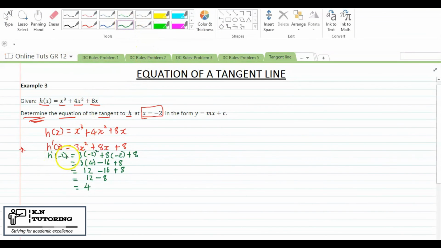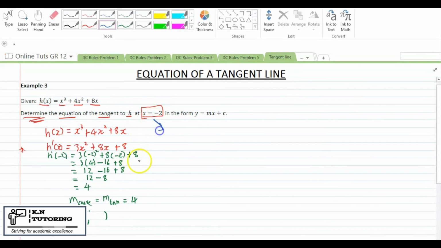Now what is it that I've calculated? This is the gradient of the curve. Gradient is the same as the gradient of the tangent, and it is 4. So what do I need now for my equation of a tangent? I need one other point. I already have the x value of that point, which is minus 2.